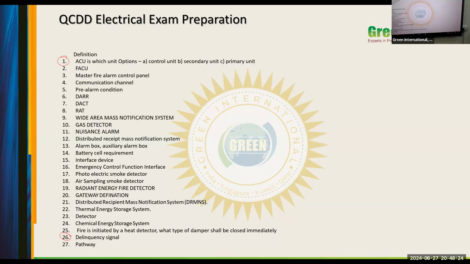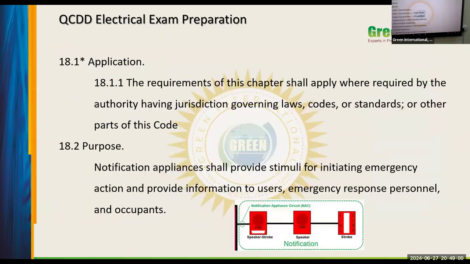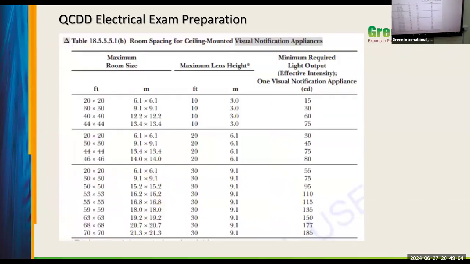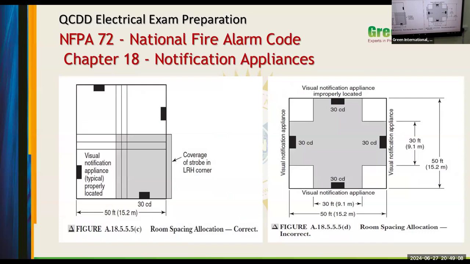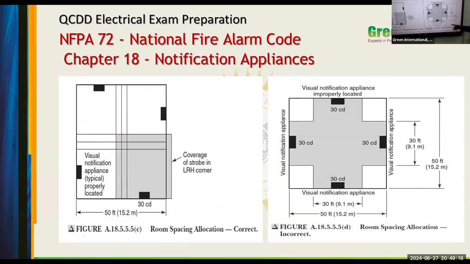Then if you know the standard, we go to the definitions.